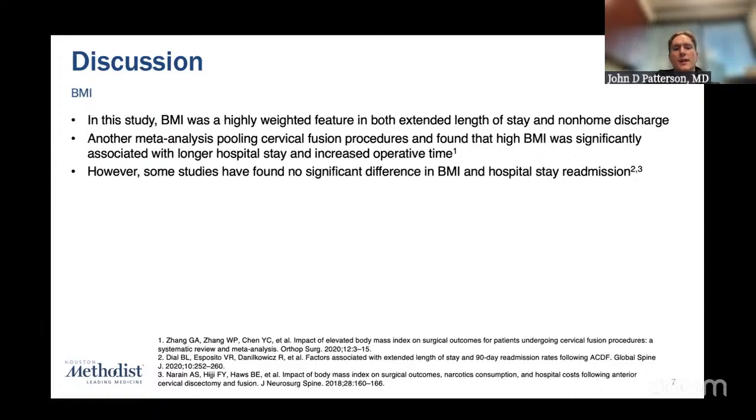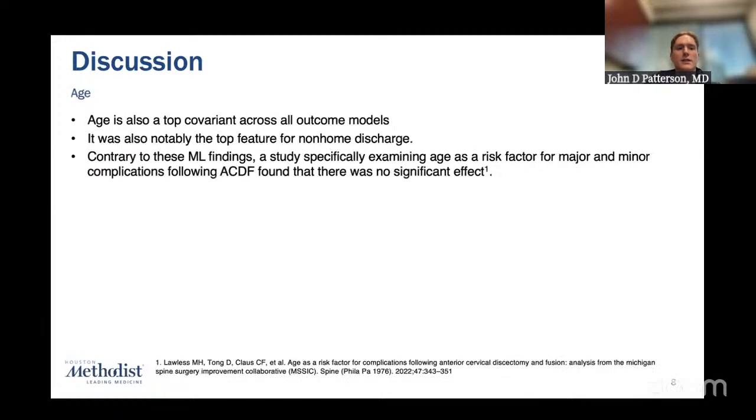But the results of this do seem to align with other studies we've seen. Age is another top covariate across all the outcome models, especially for non-home discharge. There have been some studies that say maybe age isn't as big of a risk factor and doesn't have a significant effect, but that's what we saw in this model.